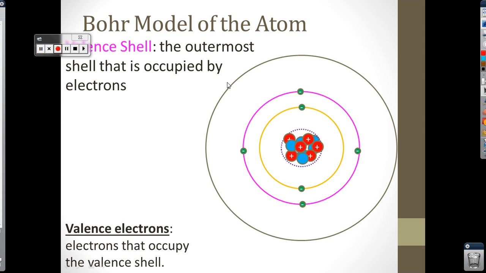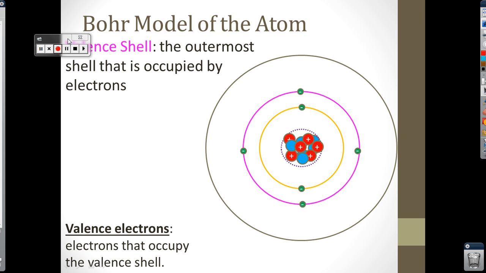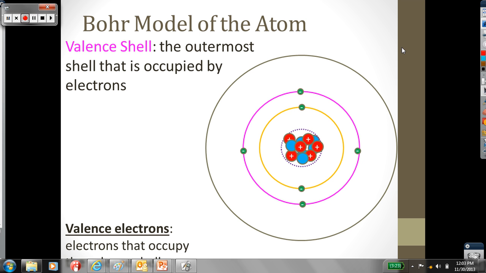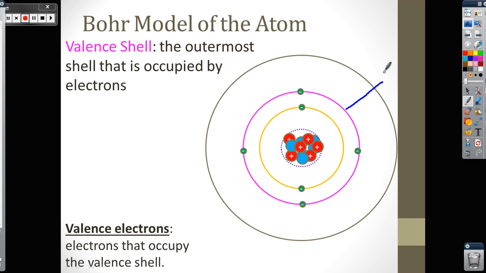We have a special name for one of the shells. The outermost shell, the shell furthest away from the nucleus that still has electrons in it, is called the valence shell. That's important because the electrons that are in the valence shell are the ones that are going to be involved in chemical bonding, and we'll talk about chemical bonding in another lecture. So the valence electrons are those electrons that occupy the valence shell. In our example here, this pink shell is the valence shell.